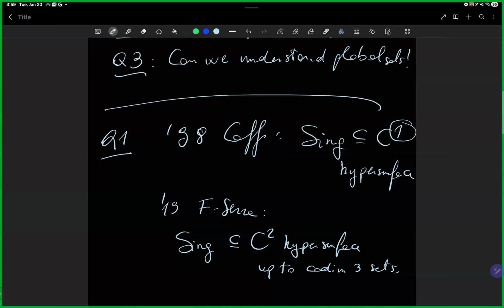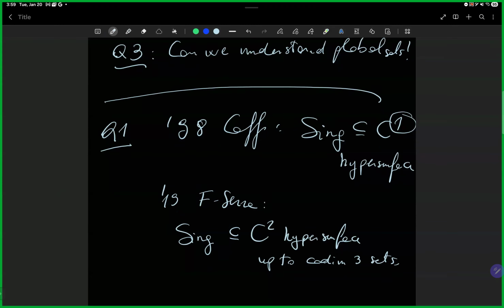This is a bit like in minimal surfaces, where in dimension 8 they can create very bad points, conical singularities. Here it is kind of similar. In dimension 3, you can create singular points where the structure is not C^2, but only C^1. So in 2 dimensions, you have C^2 regularity everywhere, but in 3 dimensions, you start to see points in the singular set which are worse than the others. And this codimension 3 is optimal.